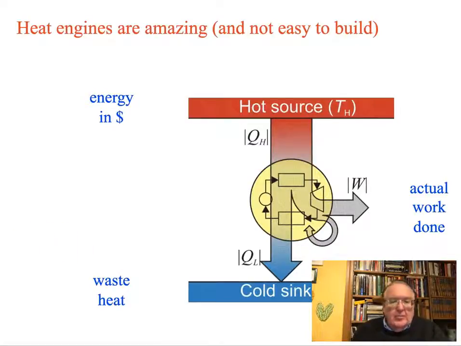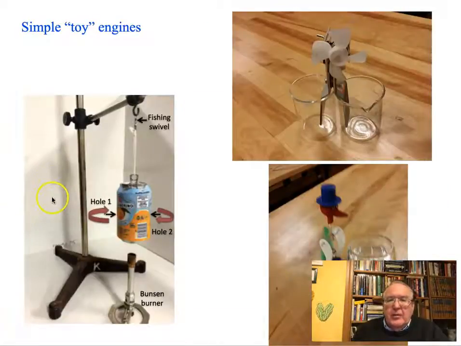But now here are some examples of some fun heat engines, toy engines. Here's a soda can hanging from a swivel, and you put a couple of holes in it, and then you have a Bunsen burner underneath. You boil the water, the steam comes out the holes, and the can starts spinning around. It's a heat engine. Upper right hand is a thermoelectric heat engine.